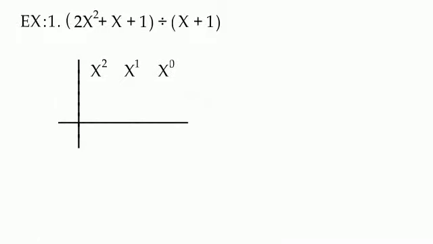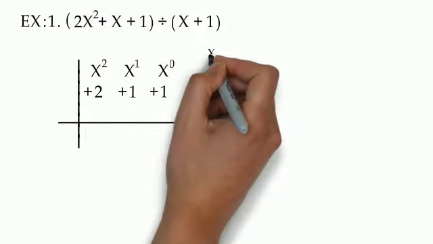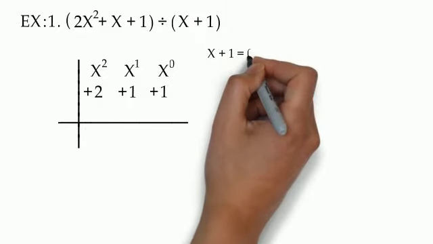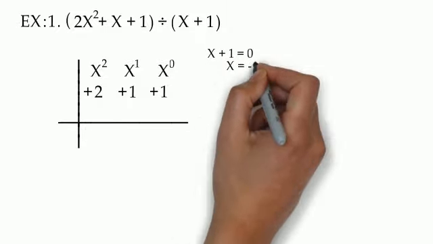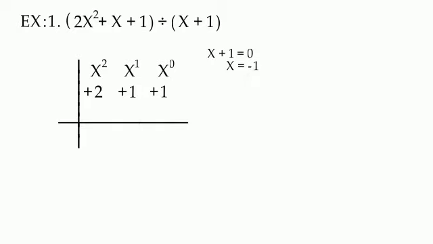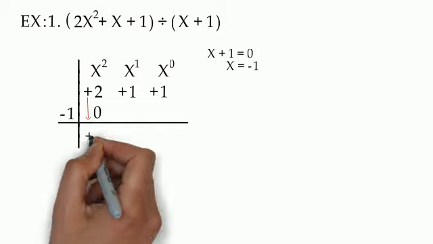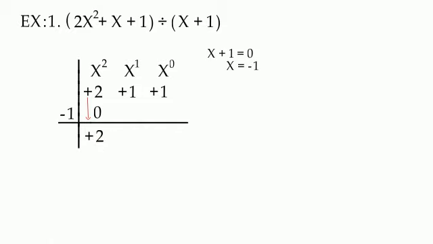Then we write the coefficient of those respectively. Then we equate the divisor to 0 and subject x and write it here. Then we add a 0 and add these two and write below as +2 in this case.